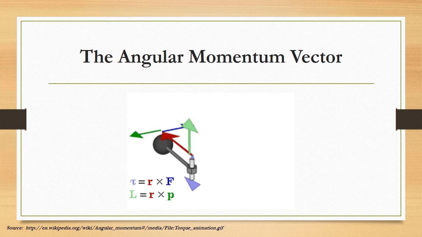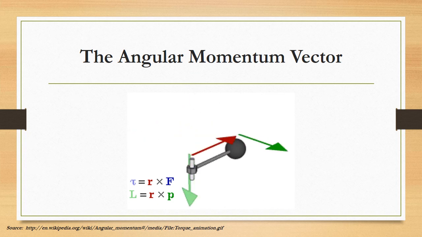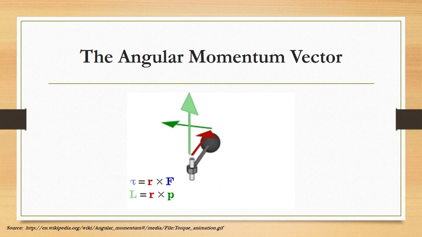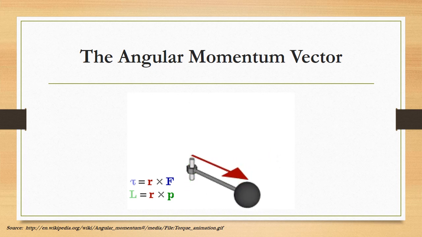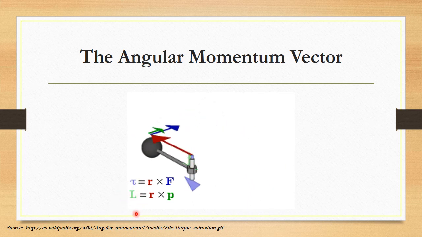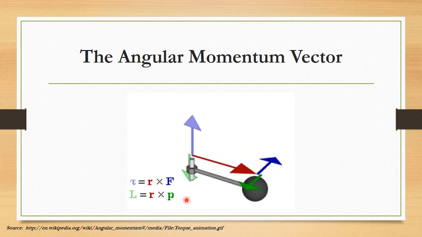Quick reminder of the right-hand rule. Stole this off Wikipedia. It's got a lot more information than we actually need to look at, but regardless, it's always good to have more information. It's better than not enough. So what we're going to look at here is the vector in this sort of light green, aquamarine, seafoam color, whatever you call that. And depending on which way this thing is rotating, it's going to change direction.